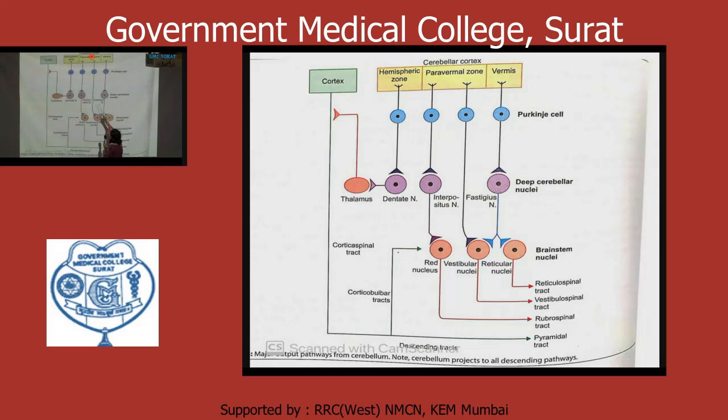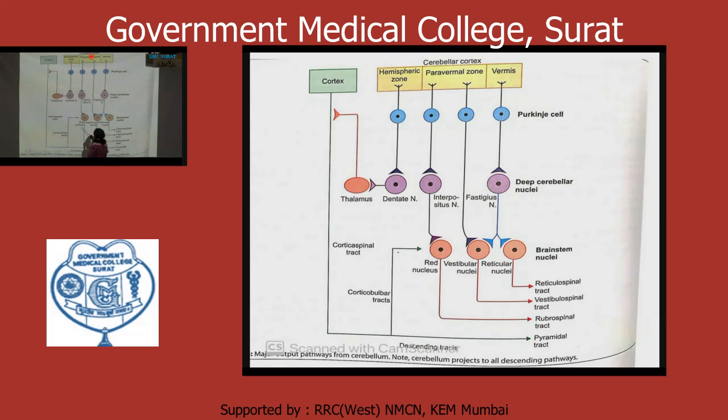It receives impulses from both areas, whereas the paravermal area sends impulses to the red nucleus also.